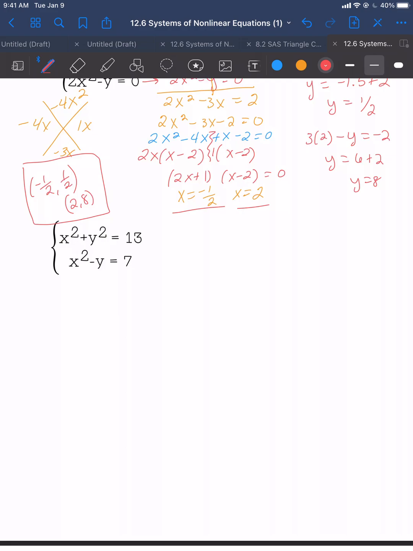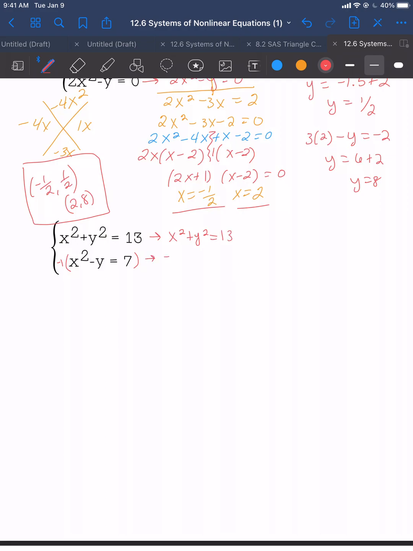Next one here, we got x squared plus y squared equals 13, and x squared minus y equals 7. I typically use elimination a lot. You could solve for x squared and plug in for x squared. I'm just going to use elimination by multiplying this bottom equation by -1. So the top equation stays x squared plus y squared equals 13.